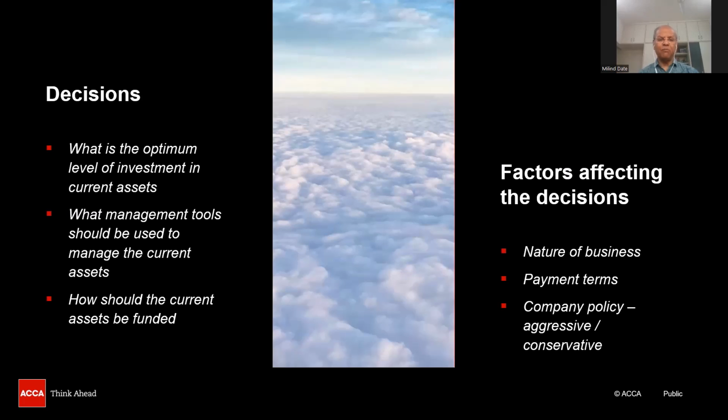The conservative policy, you please learn very well, tends to maintain a high level of liquidity and therefore a high level of current assets. Whereas an aggressive policy prefers focusing on profitability. So they would like to maintain a very low level of current assets and use short-term funding even for the permanent type of working capital.